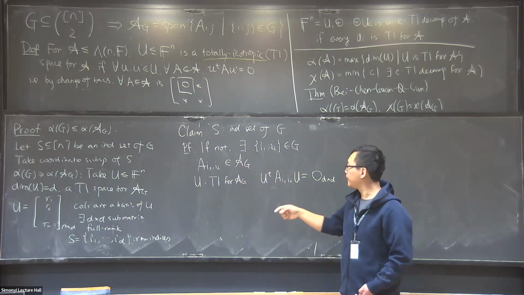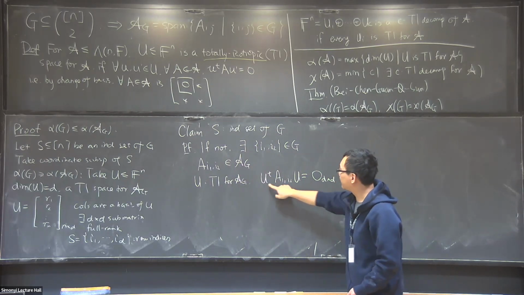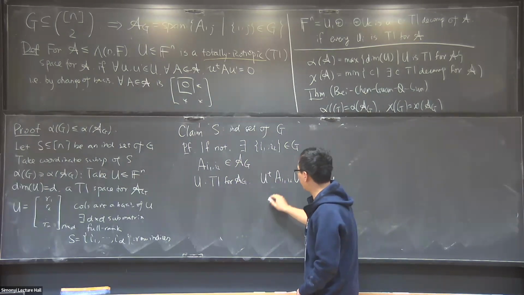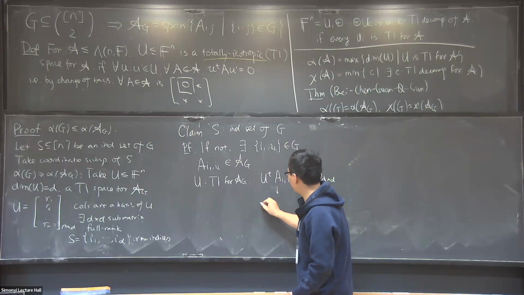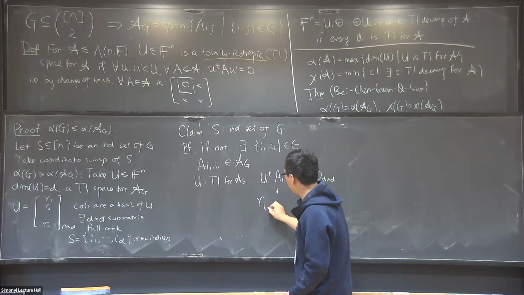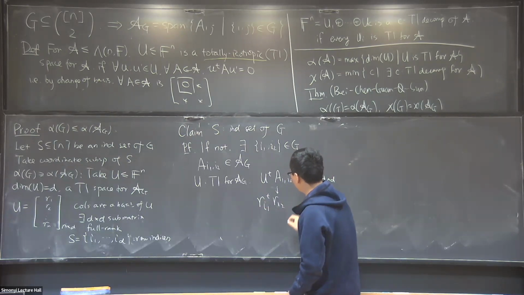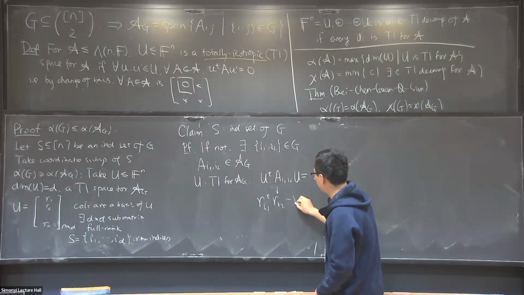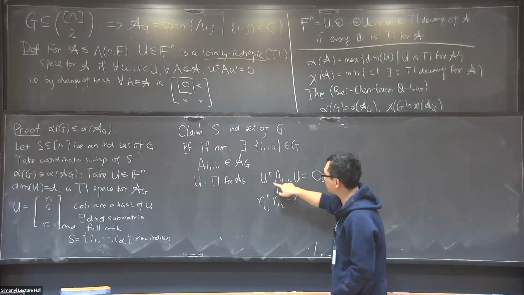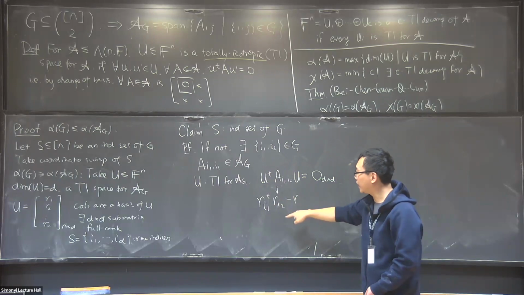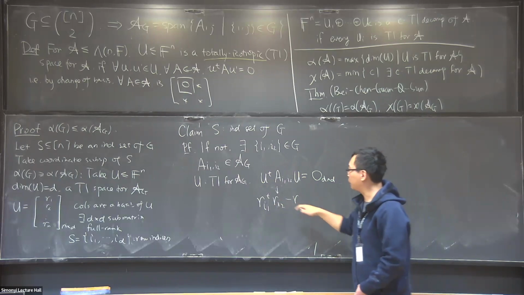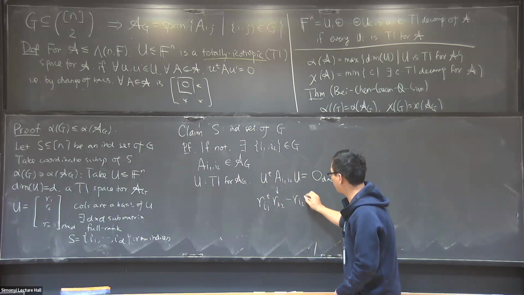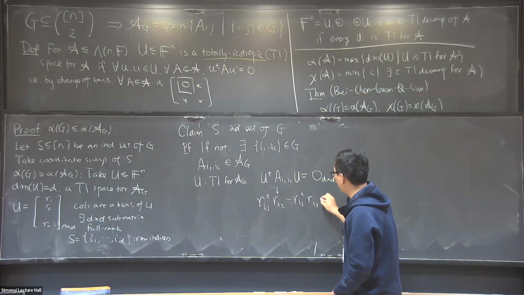But then we look at what this thing means. This essentially gives you R_{i1} transpose R_{i2} minus R_{i2} transpose R_{i1} equals 0, where the R's are row vectors and this takes the i1 row and i2 row.